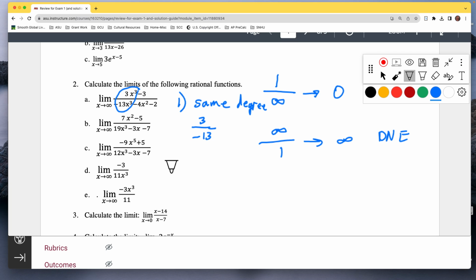Second case, the degrees are different, actually for the second and third. Let's do the top degree is bigger.